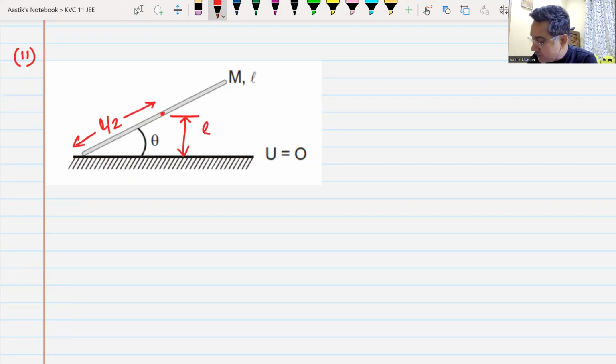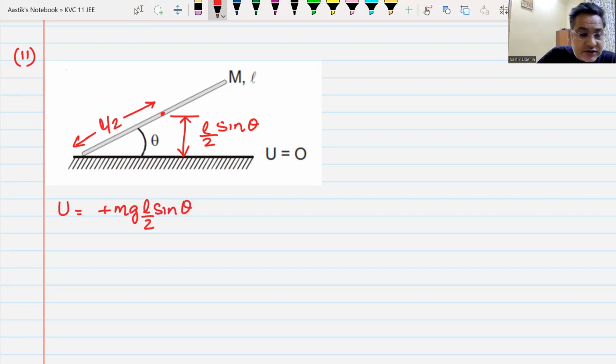Okay. It will be L by 2 sine theta. This vertical distance will be L by 2 sine theta. So the potential energy of this rod will be plus mg into L by 2 sine theta.